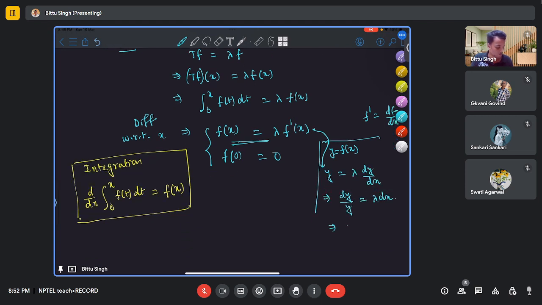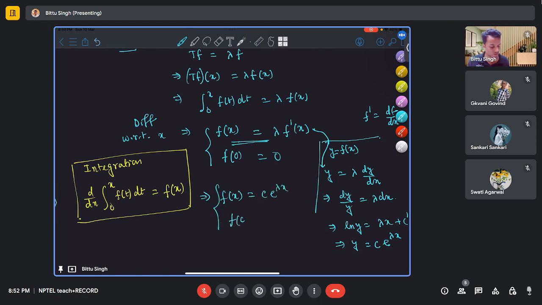Integrating, we get ln y equal to lambda x plus some constant, and y is another constant c times e to the power lambda x. So this will imply f(x) equals c e to the power lambda x.